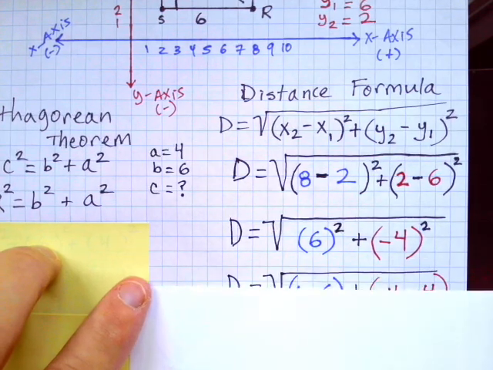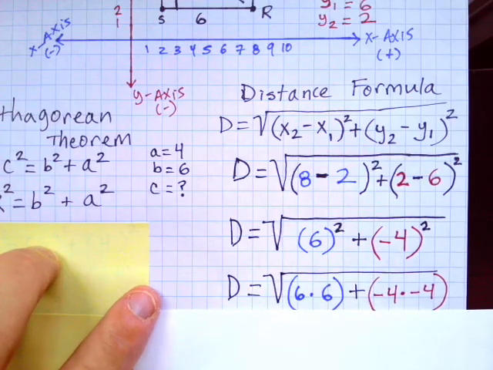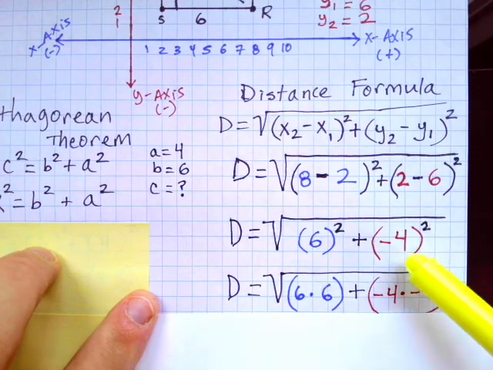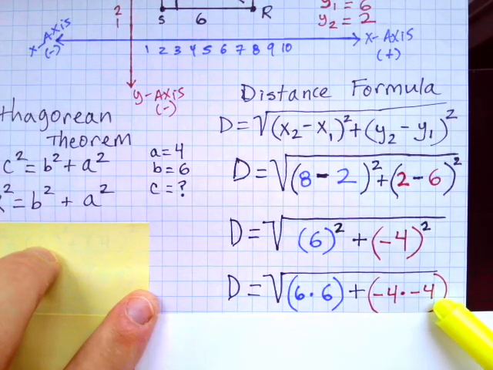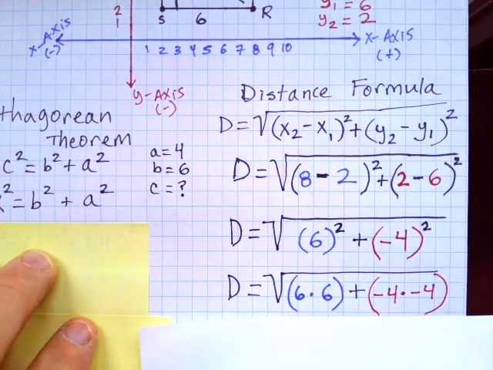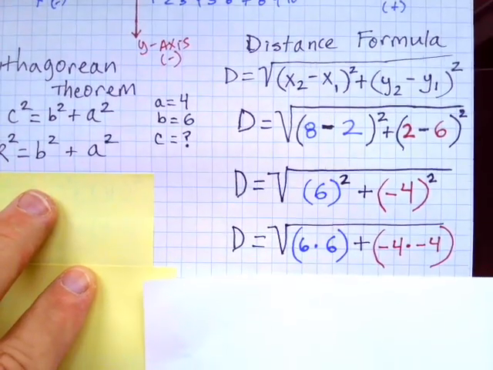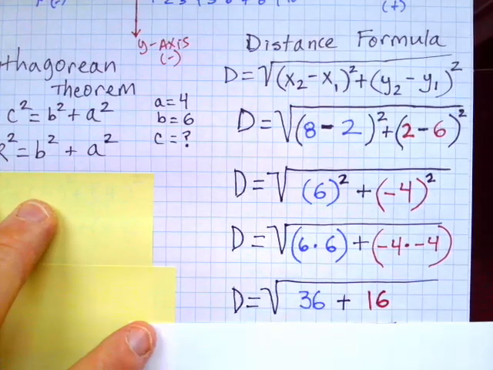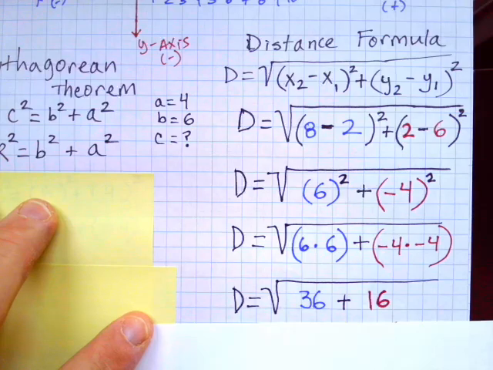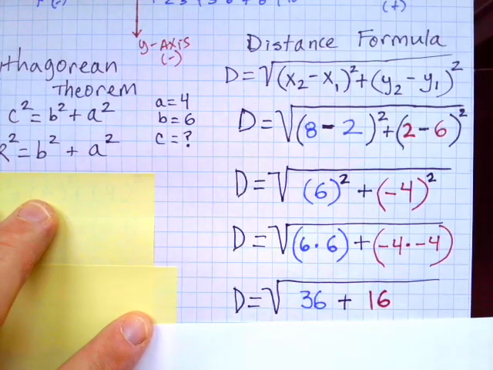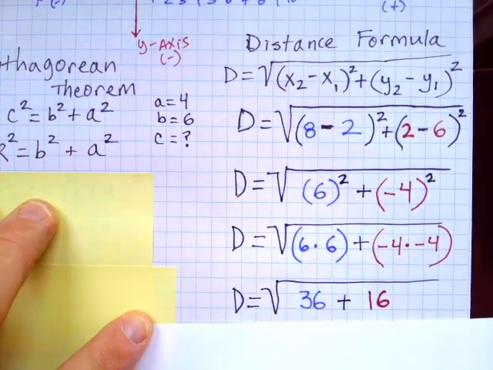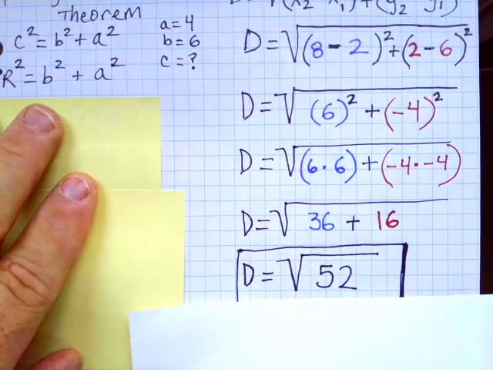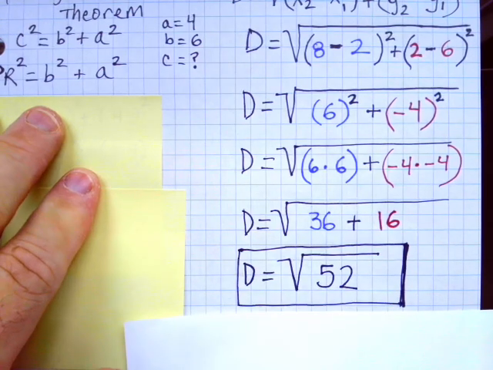So 6 squared is 6 times 6 plus a negative 4 times itself, negative 4 times negative 4. 6 times 6 is 36, and a negative 4 times a negative 4 is a positive 16. You add these together, you're going to end up with d equals the square root of 52.